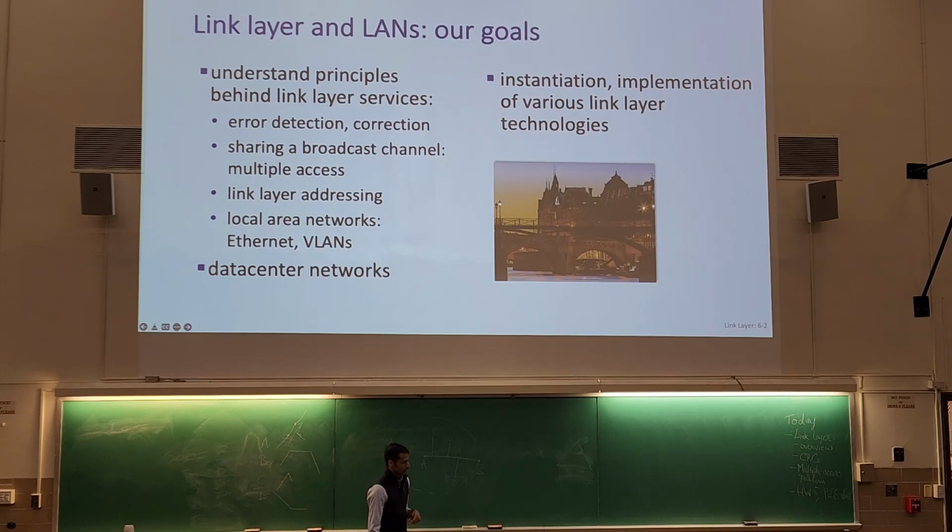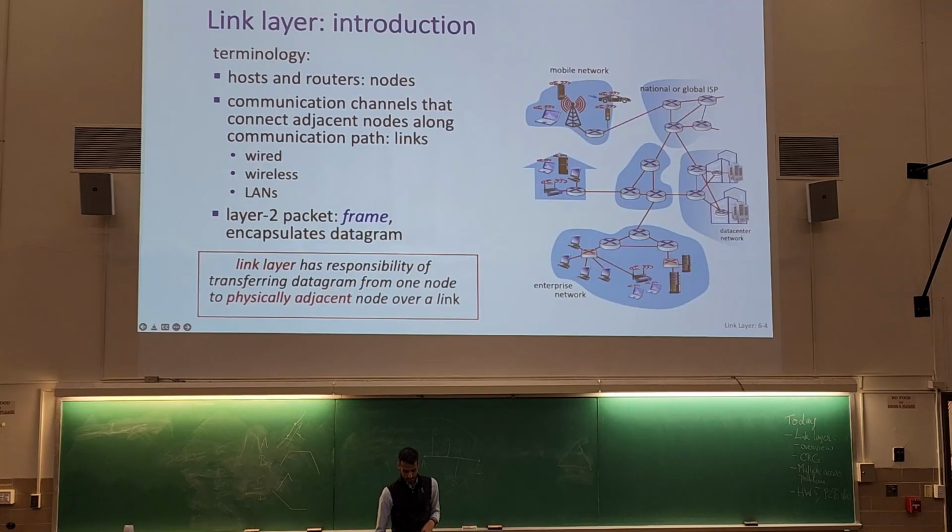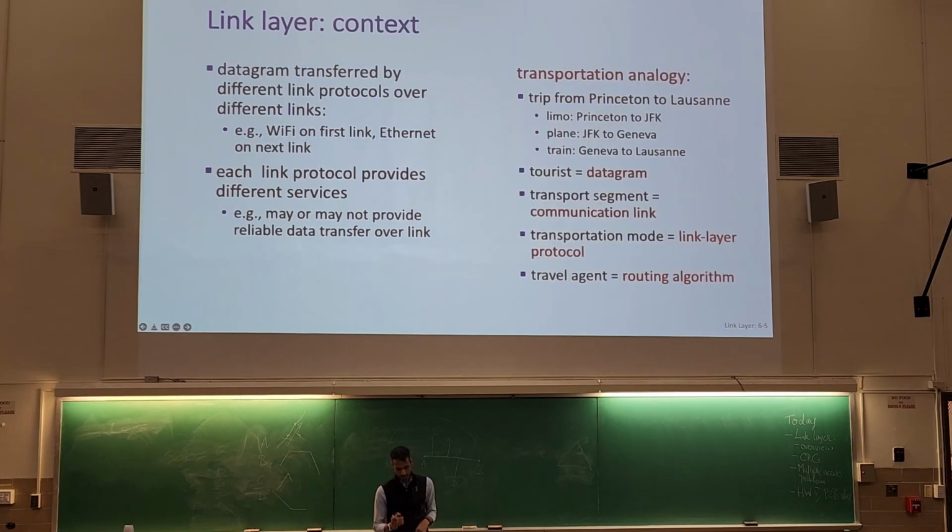Okay. So we'll start with, sorry, I'm going to just skip over some of this stuff. This is a good analogy slide. We've seen transportation analogies in every chapter, transport layer, network layer, and so on. If you think in terms of a transportation analogy, and think of a tourist like a datagram, then a transport segment is like a communication link. Transportation modes are like link layer protocols.